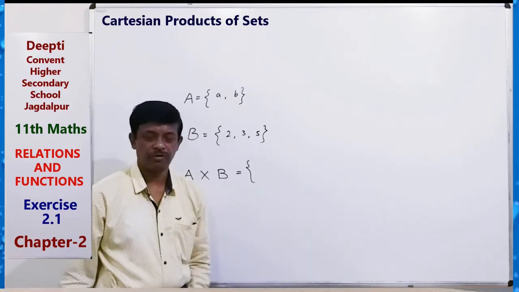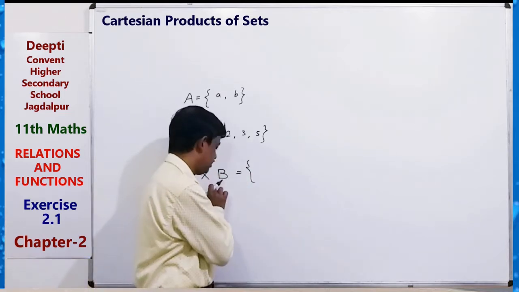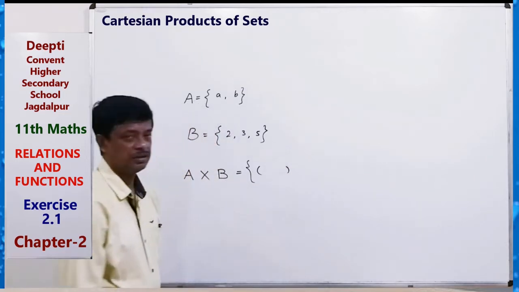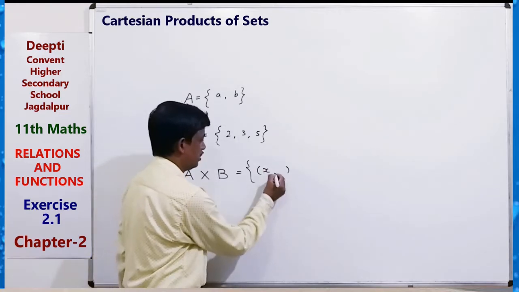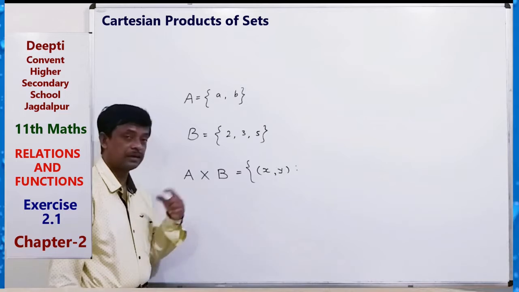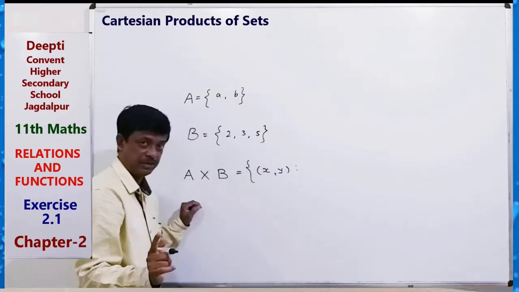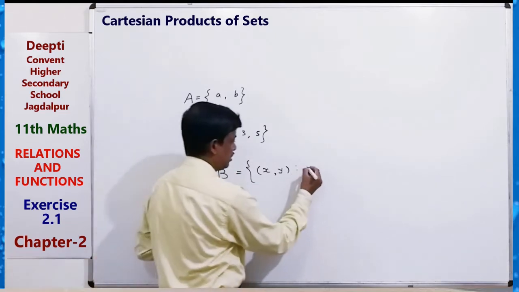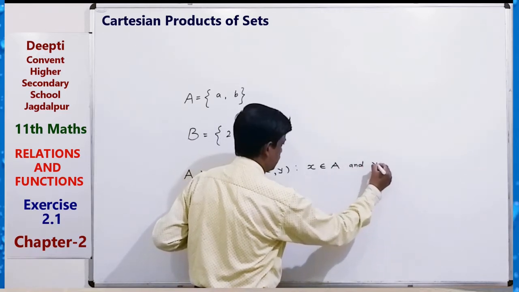In set builder form we can write that this set contains ordered pairs; its element is an ordered pair (x, y) such that x belongs to A and y belongs to B, where the first element of the ordered pair belongs to the first set.